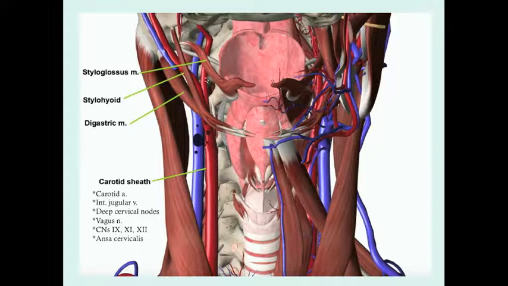So at this level, you have both internal and external jugular veins and carotid arteries. This sheath also contains the deep cervical nodes, which you can't see here, but they're there. The vagus nerve is also there, and then at various points you also have cranial nerve 9, which is glossopharyngeal, cranial nerve 11, which is accessory, and cranial nerve 12.